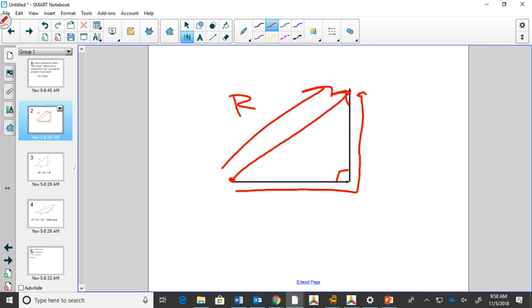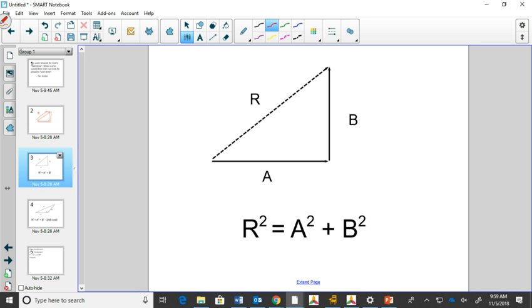Could I use math to figure out the length of that resultant? Be pretty easy, right? This is old school geometry. What formula would I use to figure that out? A squared plus b squared equals c squared. Simple Pythagorean theorem. So here's my a, here's my b. I can make that, again, what we call a resultant.